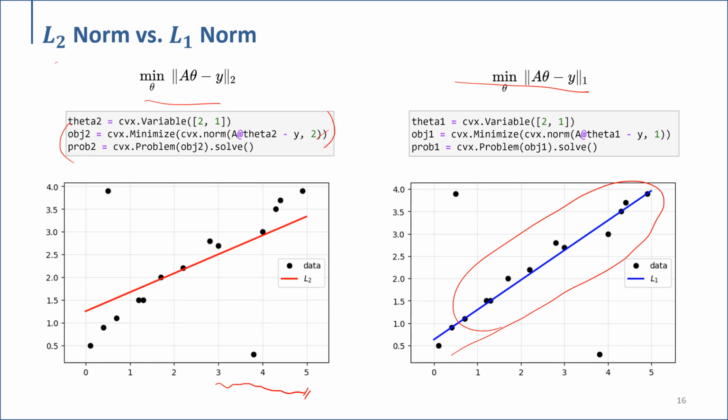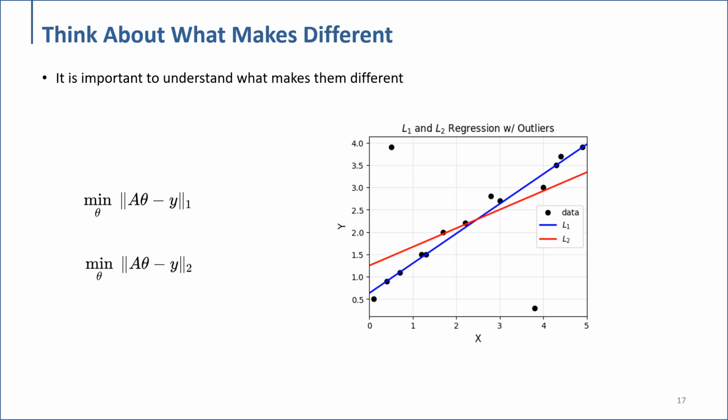Then why do you think these results were different? By plotting them together, we can see the difference better. Here, the case where we use the L1 norm represents a better regression model for the main structure compared to the case where we use the L2 norm.